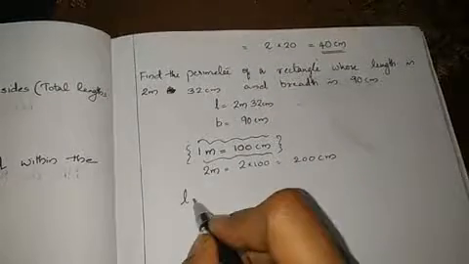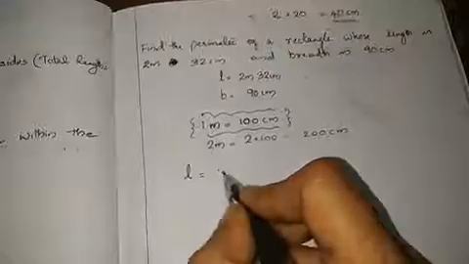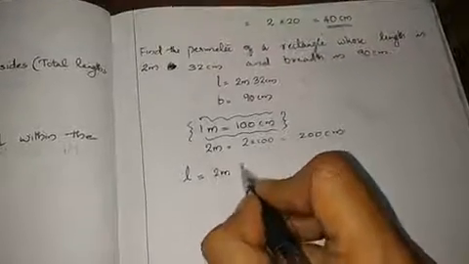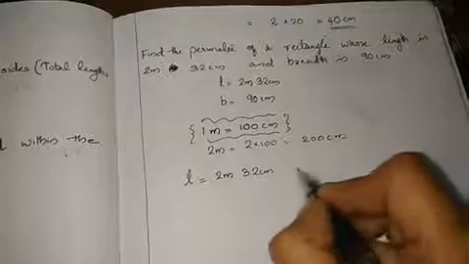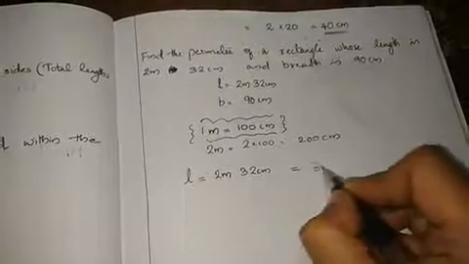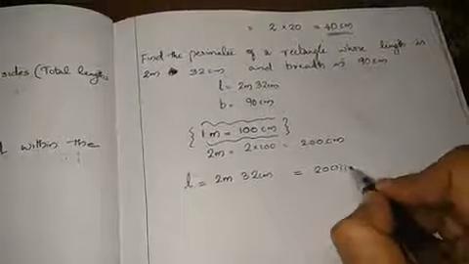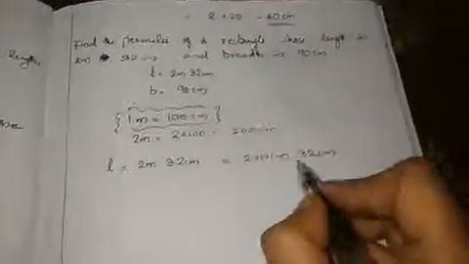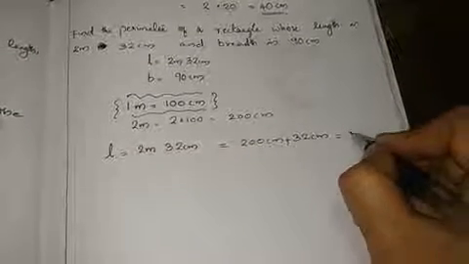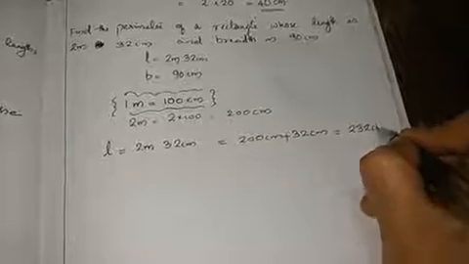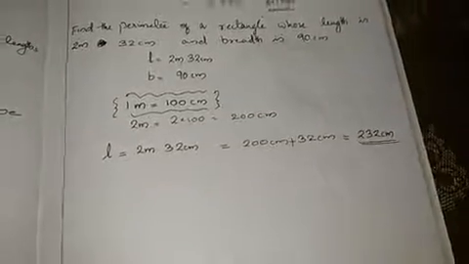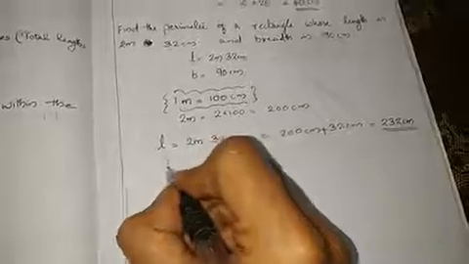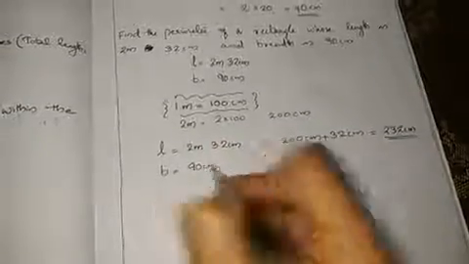Is that clear, children? Our length of the rectangle is 2 meter 32 centimeter. This I can write it as 200 centimeter plus 32 centimeter. So both are in centimeter, so we can add this. 200 plus 32, 232 centimeter. Okay, now write breadth 90 centimeter.